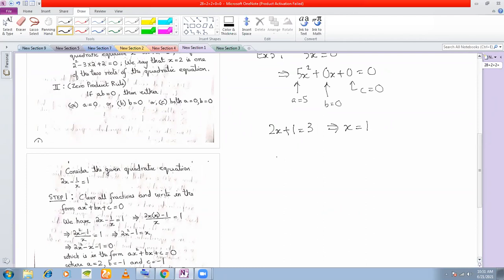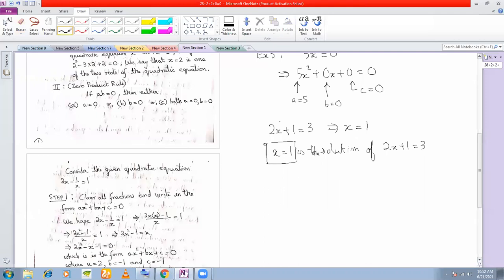So x is equal to 1 is called a solution of 2x plus 1 is equal to 3, right? So what you see is you're getting only one solution here.